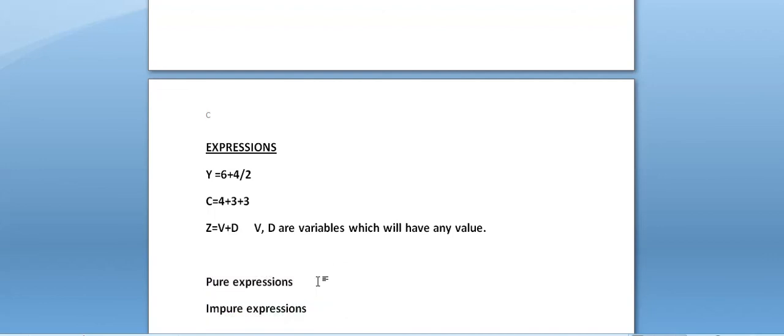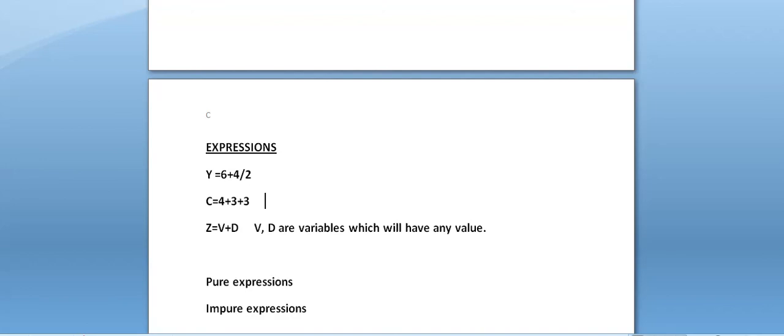In a pure expression all the operands are of the same type, that is, the data type of the operands is the same.